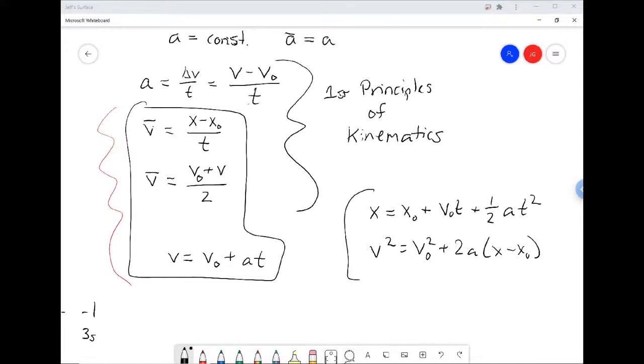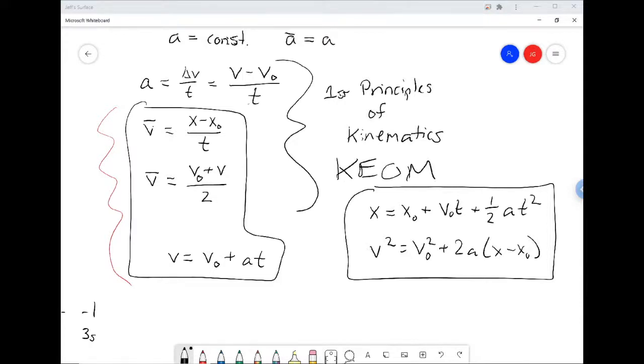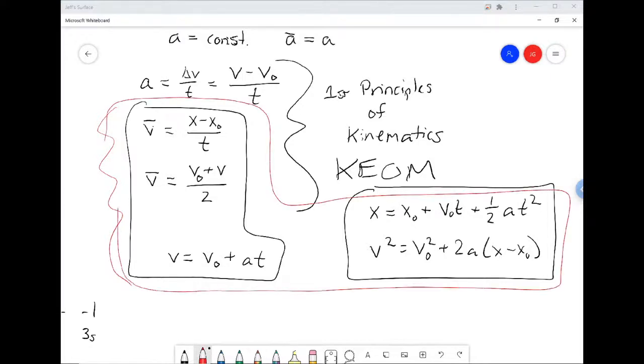Okay, so our kinematic equations of motion are these guys. All right, it's important for you to understand that these two equations over here are not some sort of unique thing.